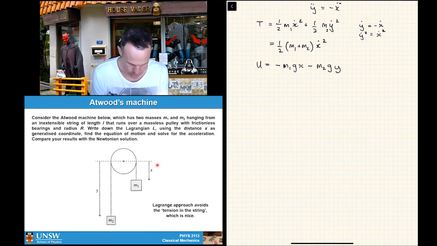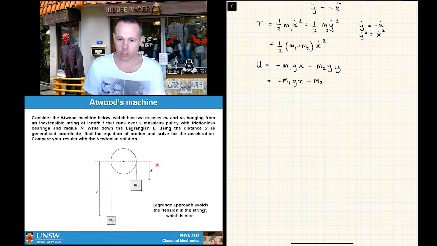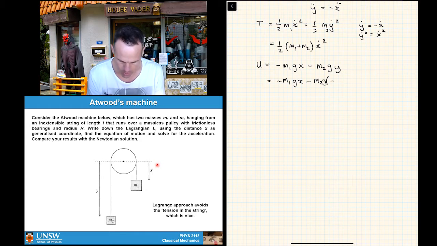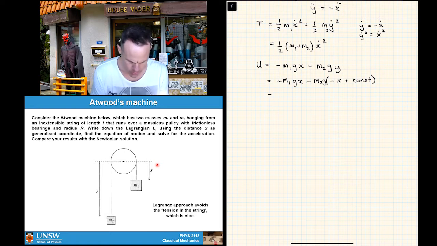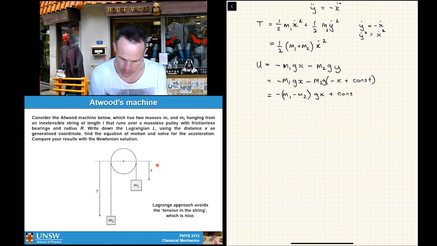We can use our constraint equation in here, so this will be minus m2 g times (minus x plus constant). And so we can pull the terms together. This will be minus (m1 minus m2) gx plus a constant. Okay?